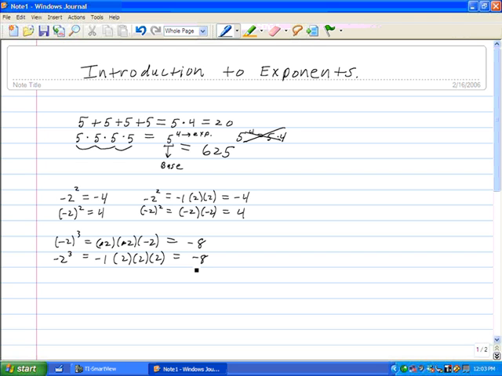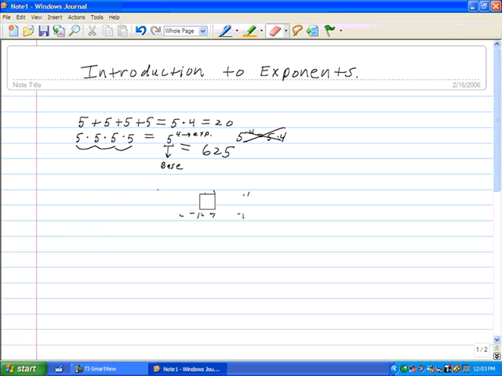Now another thing that we should look at is what happens when we start taking a fraction and raising it to a power. They are actually easier to work with than what you might think at first. If I had 2/3 to the third power, what that third power is implying is that I need to take the 2/3 and multiply it by itself 3 times.